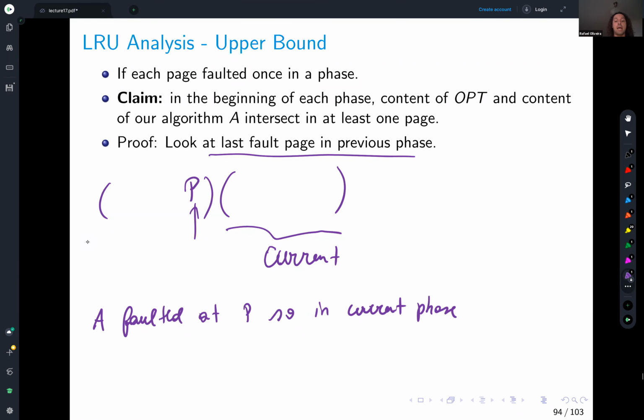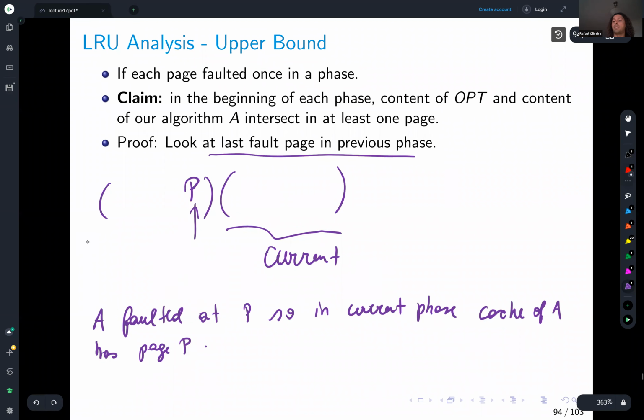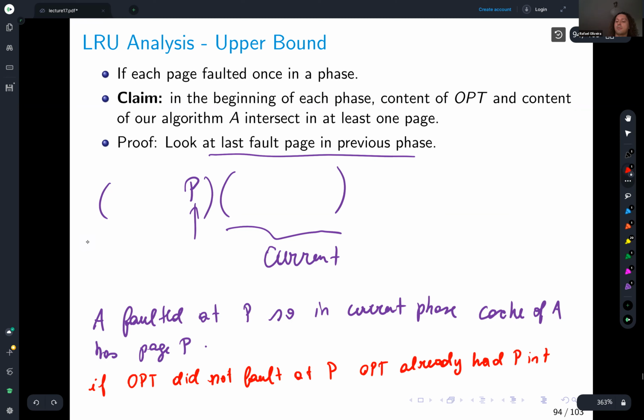If A faulted at P, in the current phase, the cache of A has page P, right? That we know because A faulted. Now, what happens to the opt? If opt did not fault at P, what does it mean? It means that opt already had P in its cache.